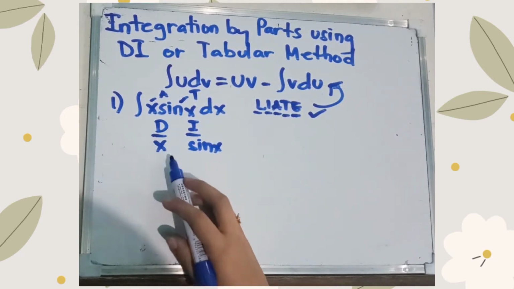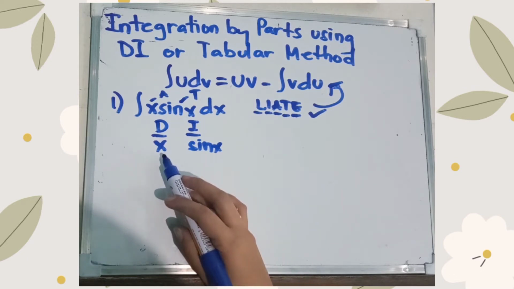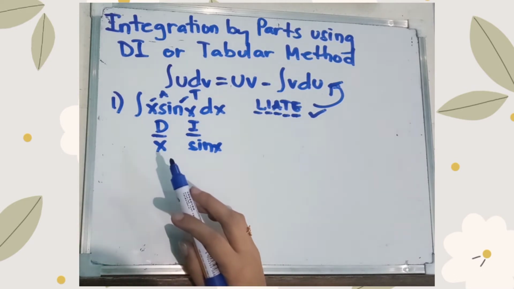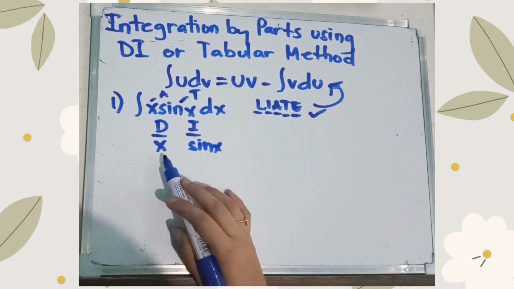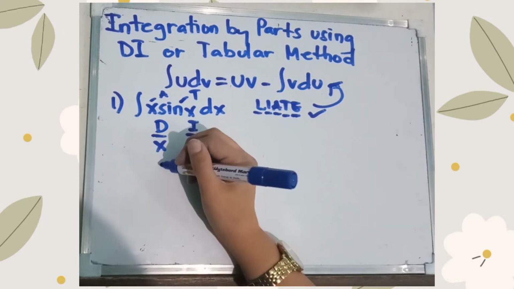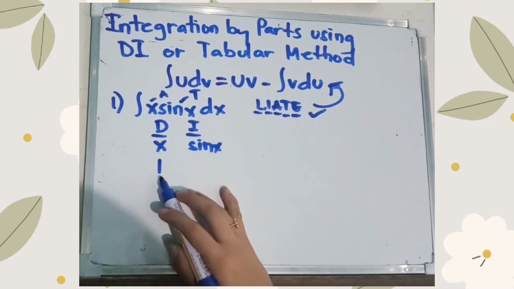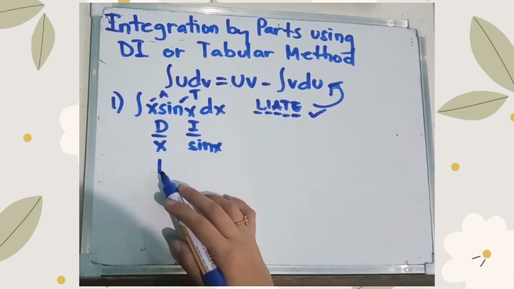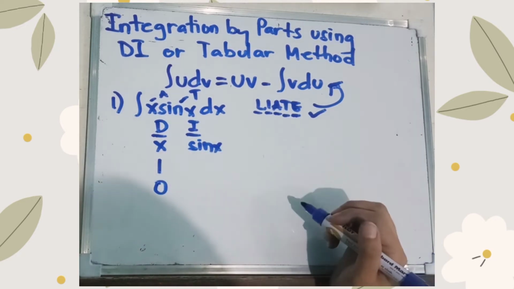Since x is under the D column, we will look for the derivative of x until we arrive at 0. The derivative of x is simply 1. And for the second time, the derivative of 1 is 0.